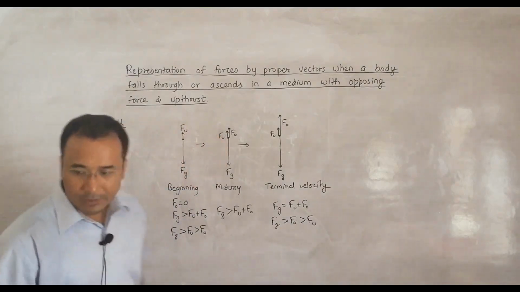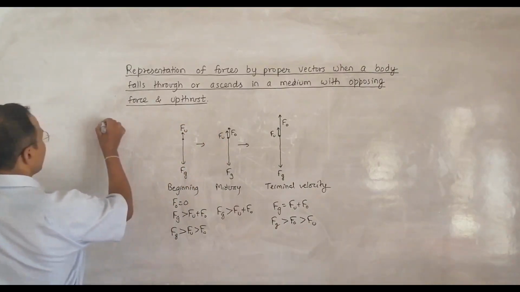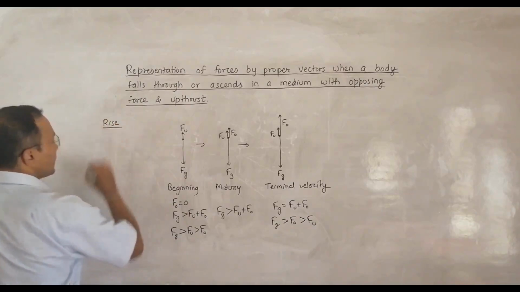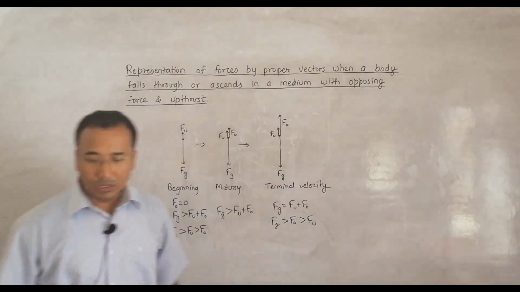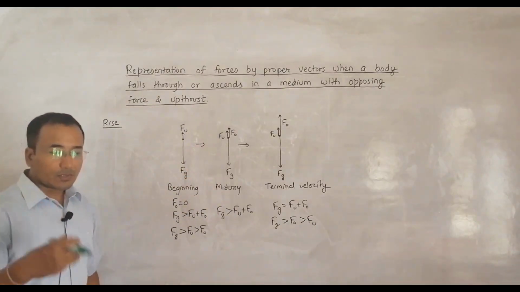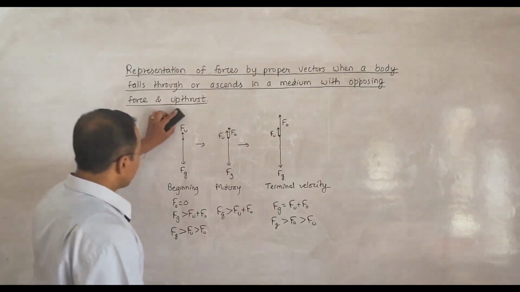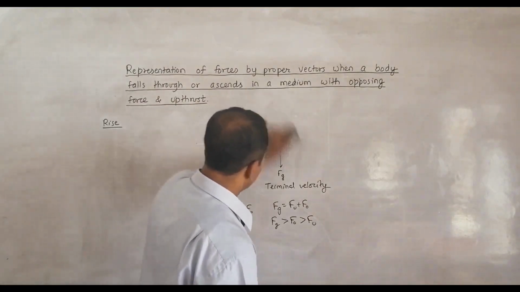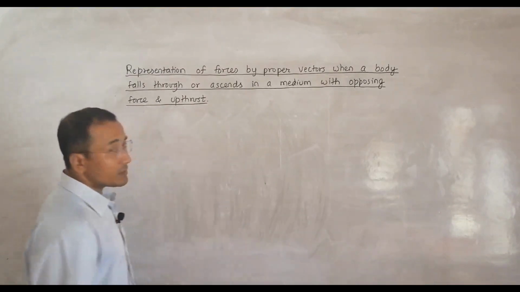Now if I extend the same thing to the rise of a body, for example, an air bubble rising through water or oil, or let us say a water globule rising through glycerin, or oil, in such cases the equation will reverse, because at that time we have a large upthrust force.